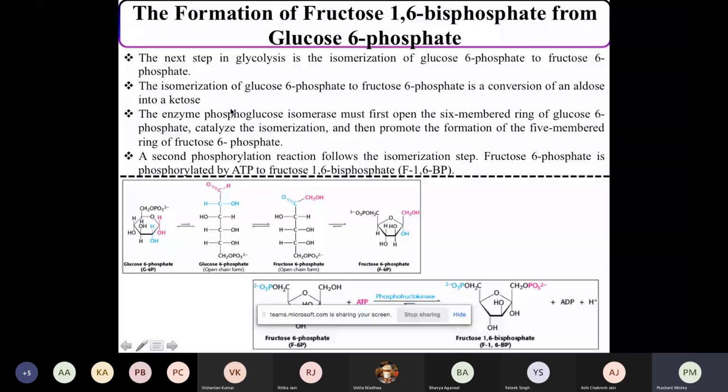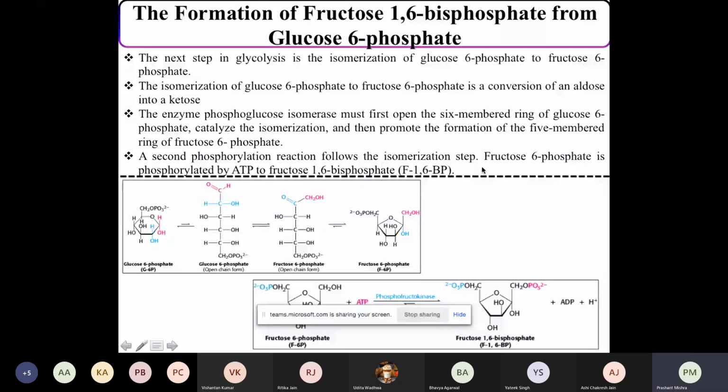The enzyme is phosphoglucose isomerase. Here the enzyme is an isomerase, and it is called phosphoglucoisomerase because glucose is phosphorylated here. As an intermediate step, the 6-member ring of glucose 6-phosphate is opened up and then isomerized, and after isomerization, the second phosphorylation reaction occurs.